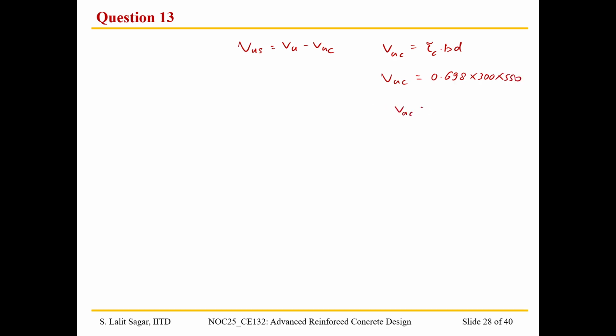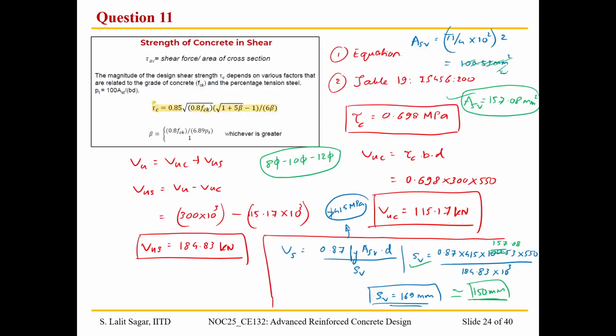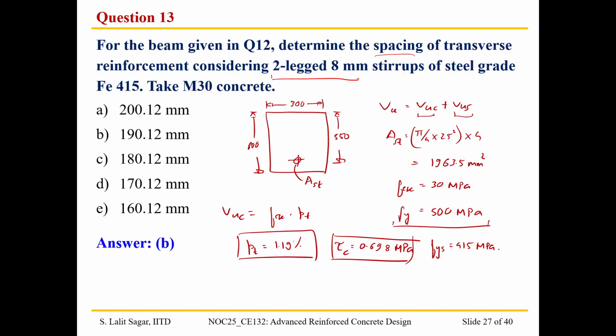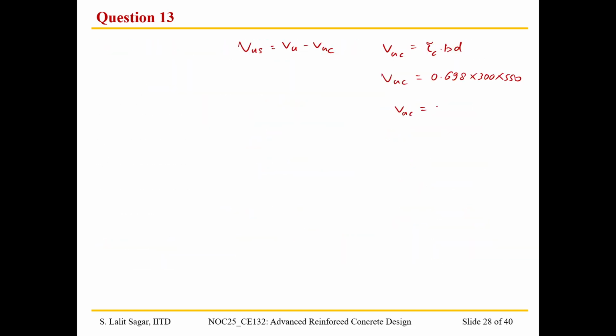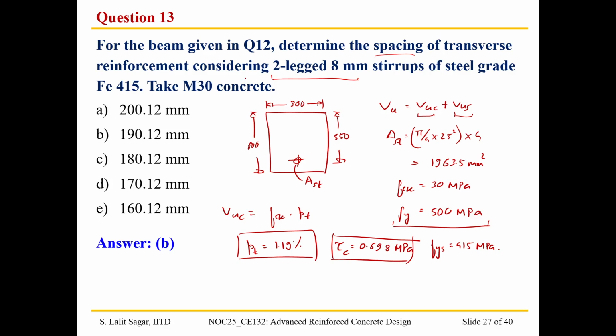So VUC is 115.17. Now VUS: what is VU? 220.5.